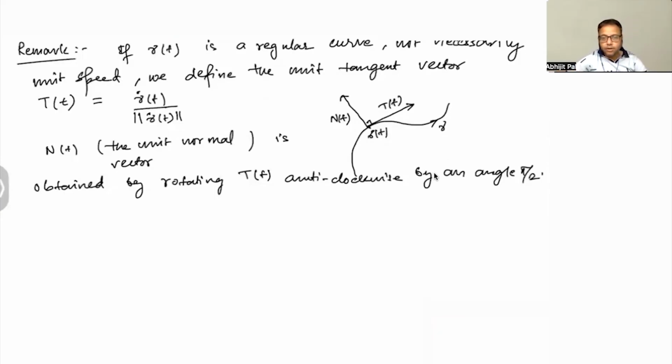So now, in order to get the signed curvature, what do you do? You take the unit speed reparameterization of gamma, or the arc length reparameterization of gamma.